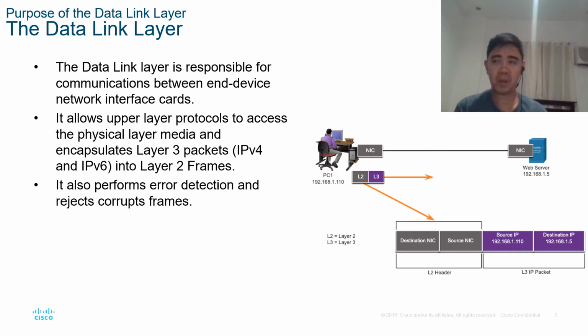So there are two functions when we talk about the data link layer: preparing the frame, which is the encapsulated data in the data link, going to the physical, and preparing the frame going to the network layer. Other than encoding and signaling, another function of the data link is error detection.